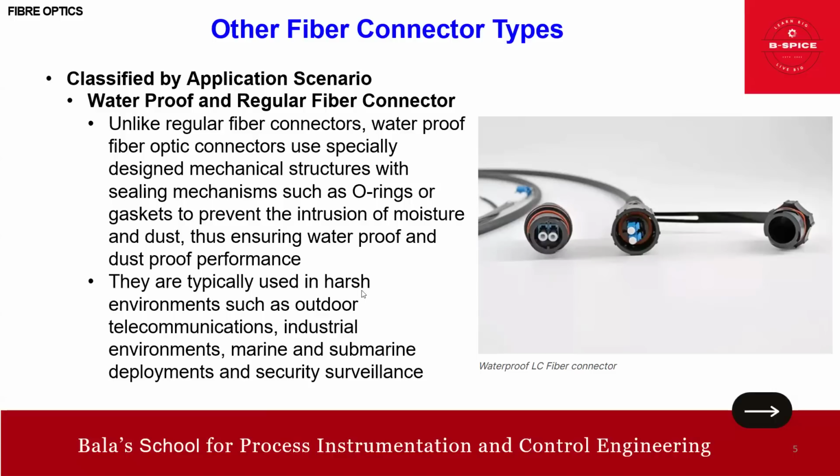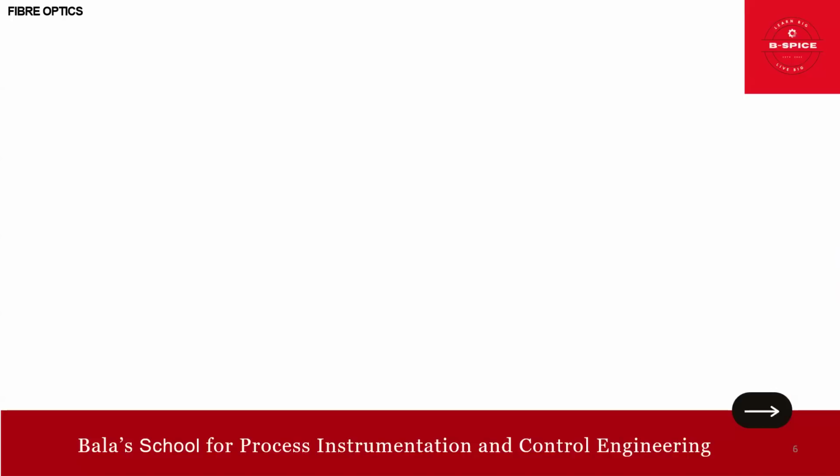They're typically used in harsh environments such as outdoor, telecom, industrial environment, marine, submarine, security surveillance, all these aspects we can use it. So this is about classification by application scenario.